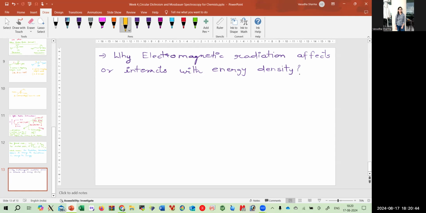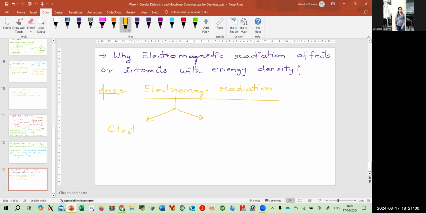To answer this, we know that electromagnetic radiation is composed of two parts.